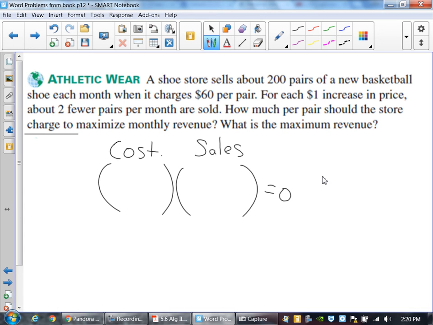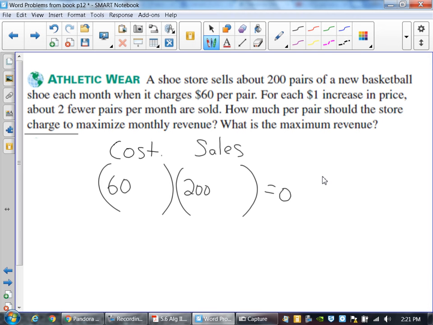Because that's what we're going to work with. We have some cost and we have some sales figure. And the cost of $60 per shoe, how many pairs of shoes do you sell? 200. So if you start thinking about it in terms of foiling, 60 times 200 would give you your total revenue. Do you agree? Yeah. That's kind of what you're starting to think of.